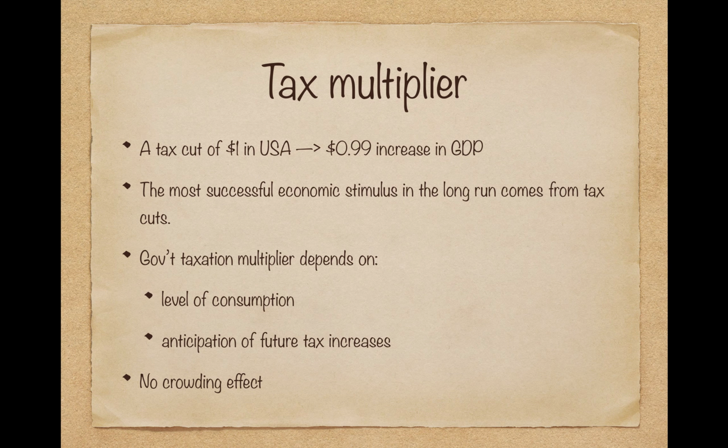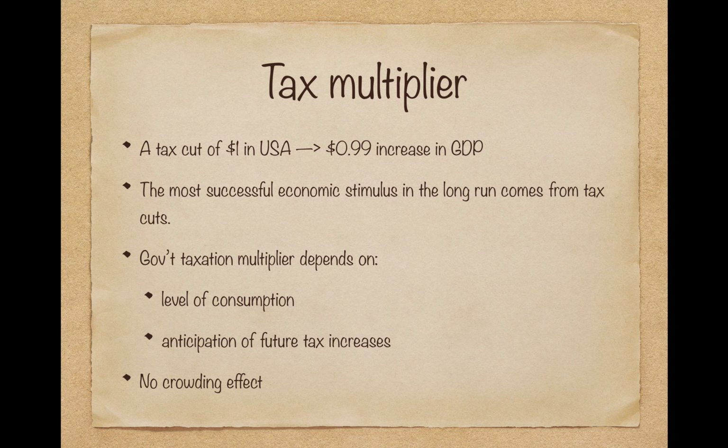So we can say that the most successful economic stimulus in the long run, however, comes from tax cuts and not from government expenditure. This depends on the level of consumption, like how firms and households consume at what level, and also on anticipating future tax increases, so that you can apply these tax cuts depending on the future and not only on the actual tax rate.